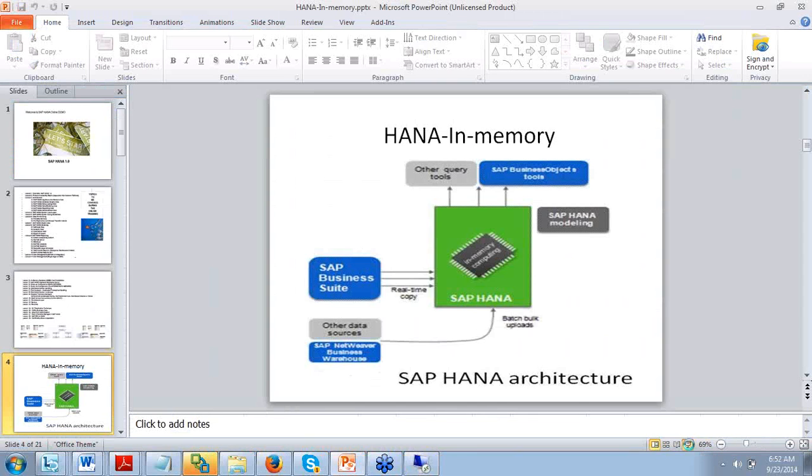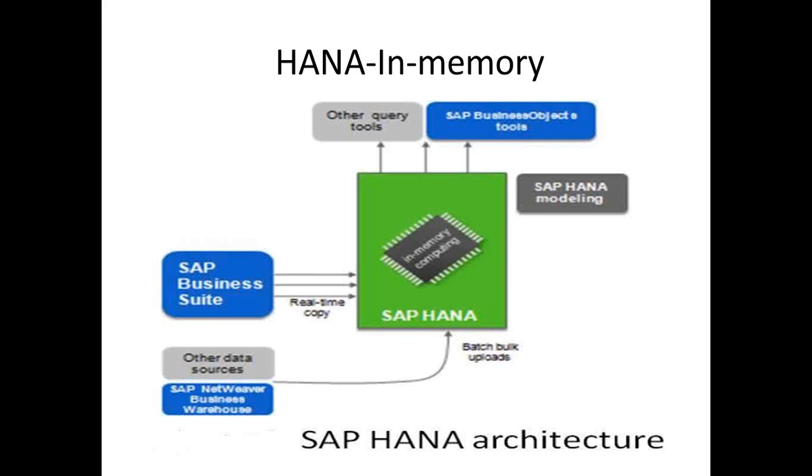SAP HANA has two major divisions of how it can be used. The first scenario is as an appliance. The appliance means bringing in hardware and software. You need to procure that, and the hardware is built in a very powerful manner by SAP's partner vendors.